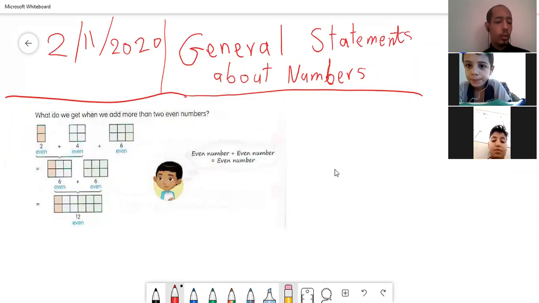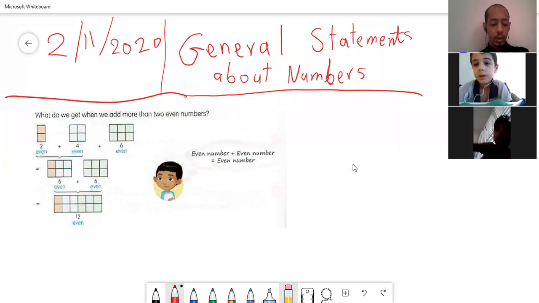Welcome everybody to a new lesson, which is general statements about numbers. If you remember, in grade 5, we have studied something like this.